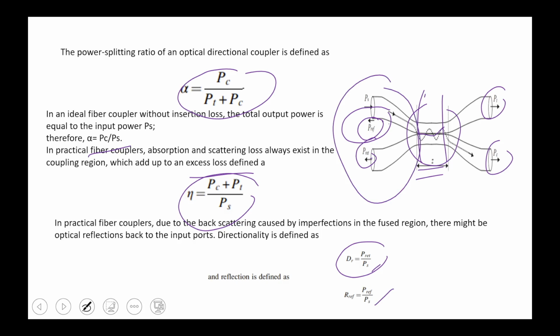So the back scattering at the output can combine with the input signal, or it may revert back as another signal in the backward direction. So these are the formulas through which we calculate how much signal will be repeated back to the output side, or combined with the input signal. Through this formula we can calculate that power.